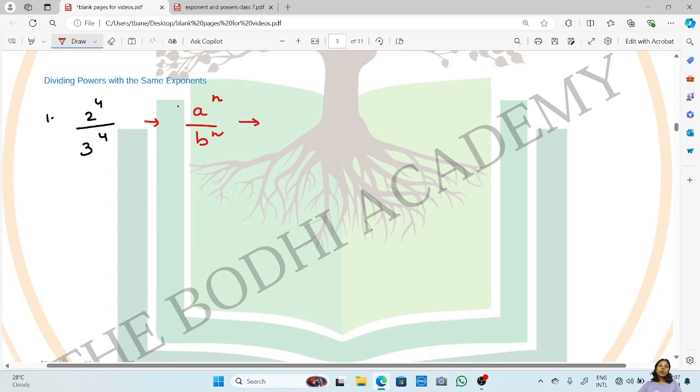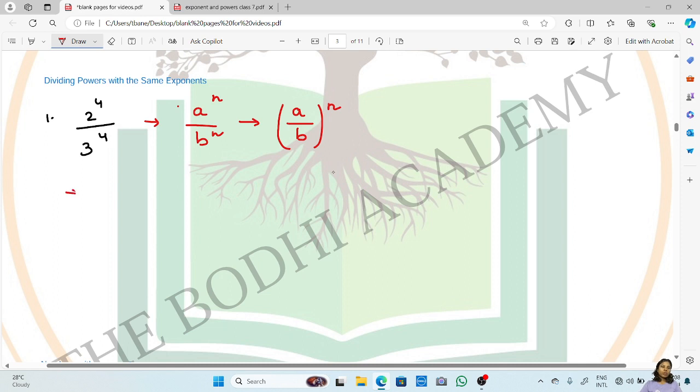Now this can also be written as a upon b, the whole raised to n. Why? Because our exponent powers are same over here. So we can write it only once. When our base powers were similar, we were writing the base only once. So similarly here, when our exponent powers are same, we can write it only once as the whole.